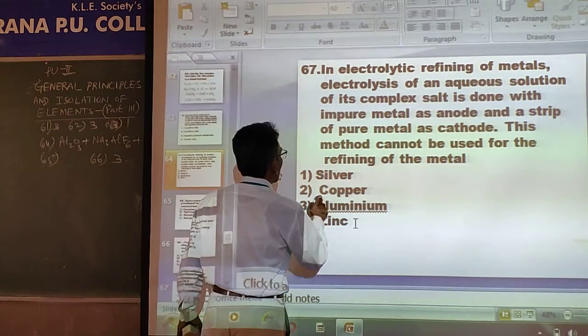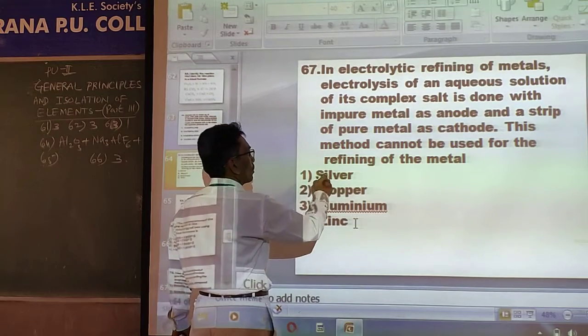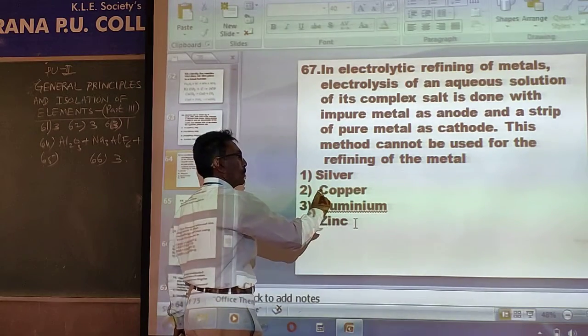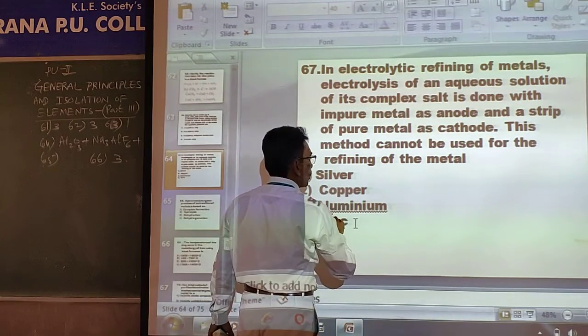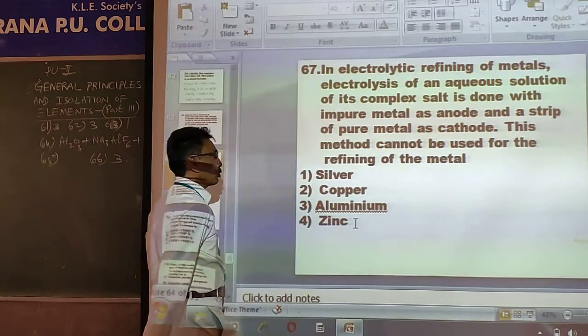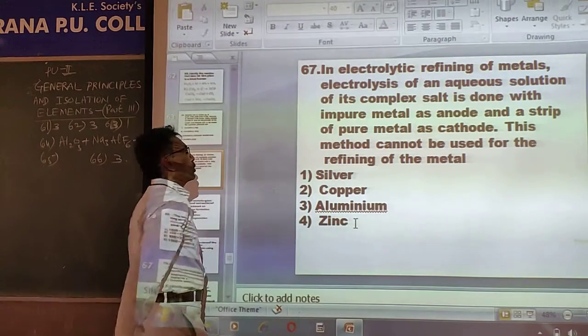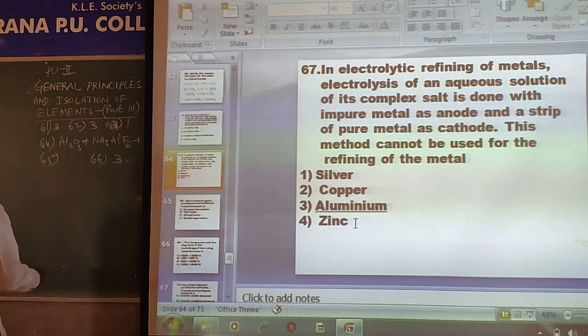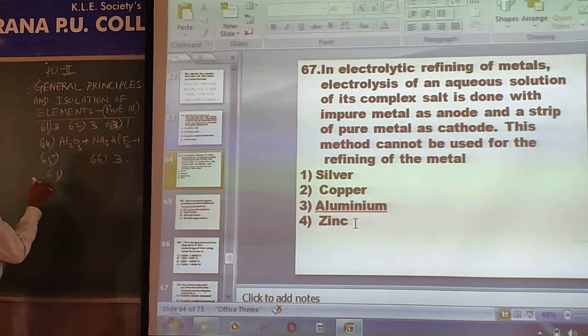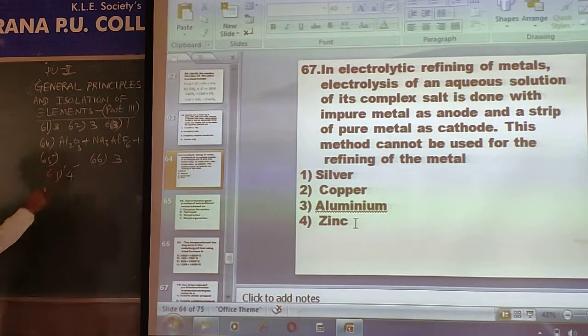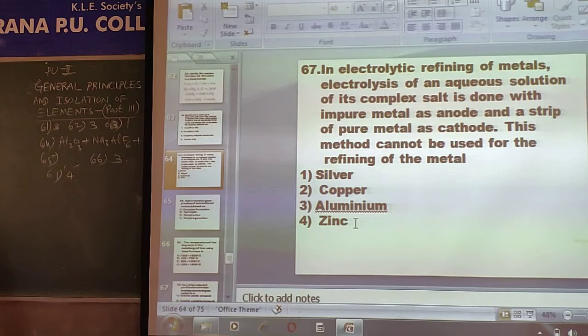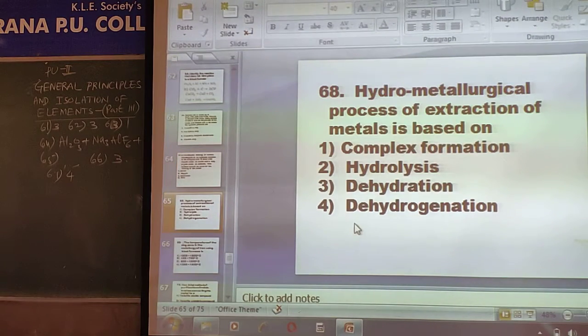In the remaining cases there is impure silver anode with pure silver cathode, impure copper anode with pure copper cathode, and impure aluminium anode with pure aluminium cathode. So answer 67, the fourth option: zinc cannot be refined by this method.